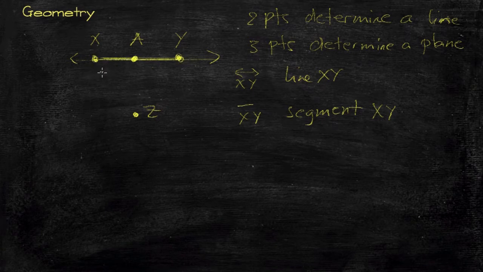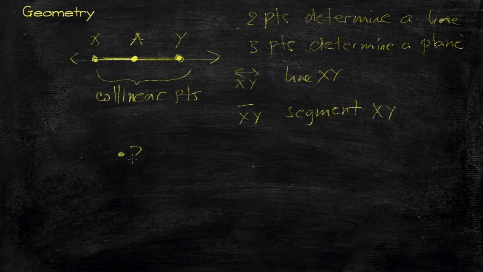These 3 points, ang tawag sa kanila ay collinear points. Si Z, for example, si Z ay hindi collinear kasi wala siya doon sa line.